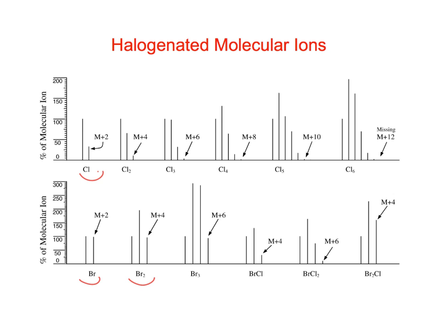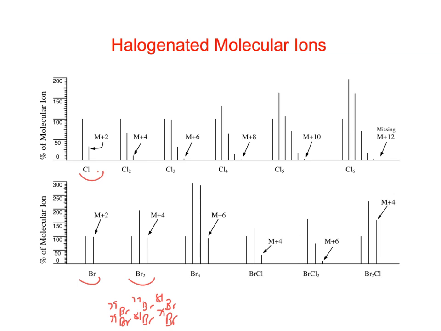We have one possibility of 2 bromine 79s, and then a bromine 79 and a bromine 81, but also the reverse, bromine 81 and bromine 79. So there are 2 possibilities of getting that combination.